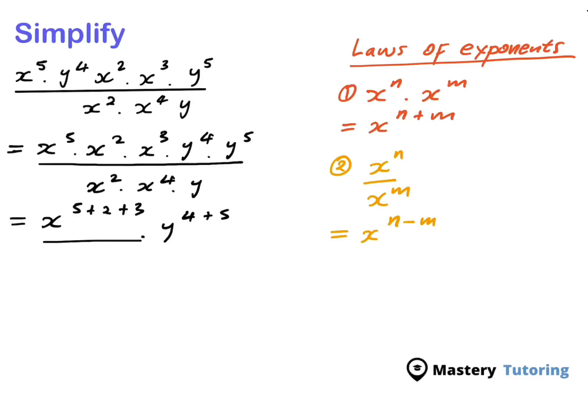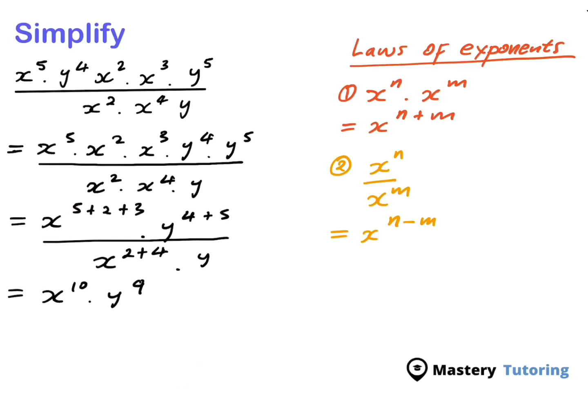We do the same thing with the denominator: we have x to the power of 2 multiplied by x to the power of 4, so this is x to the power of 2 plus 4, multiplied by y. Because this y is on its own, there is no other y to multiply it with, so it does not change. We write it as y. Summing the numerator, we end up with x to the power of 10 multiplied by y to the power of 9.